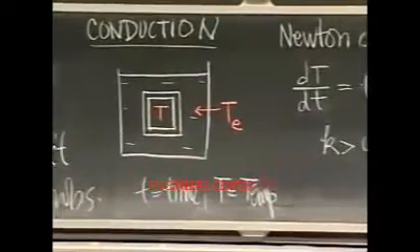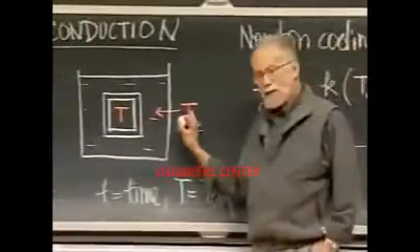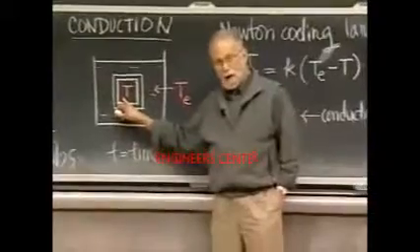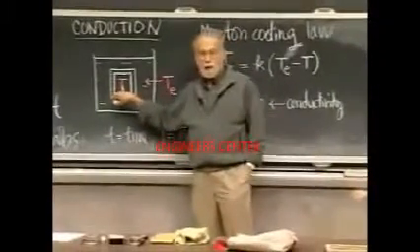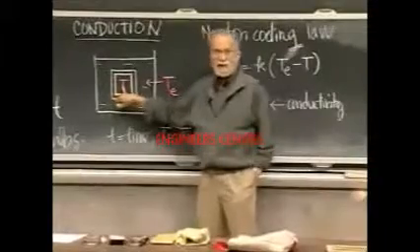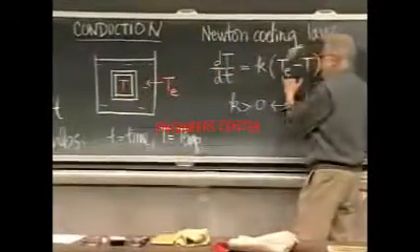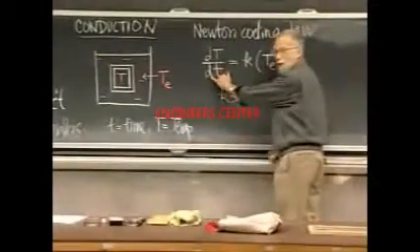And why positive? Well, because if the external temperature is bigger than the internal temperature, I expect the internal temperature to rise. That means dT/dt, its slope, should be positive. So in other words, if TE is bigger than T, I expect this number to be positive.